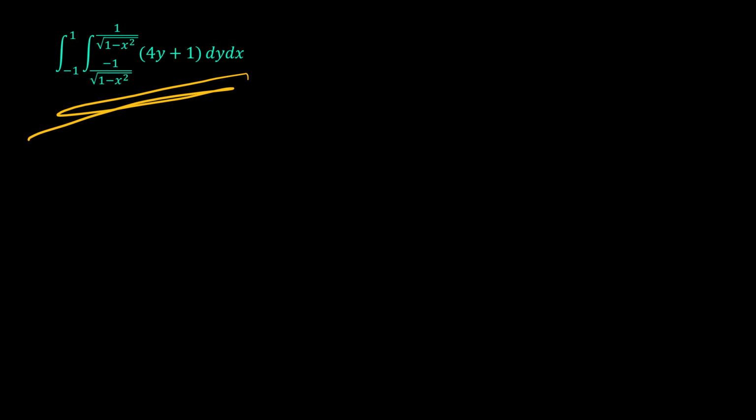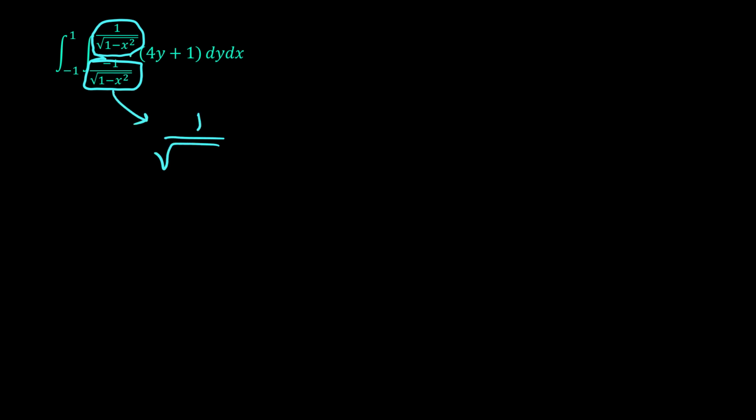We don't have any infinity, but if you pay attention, this is an improper integral because the upper limit and the lower limit are 1 over radical 1 minus x to the 2, and -1 over radical 1 minus x to the 2. But look at this. x is changing from -1 to 1. Please pay attention, this is the reason that this is improper.